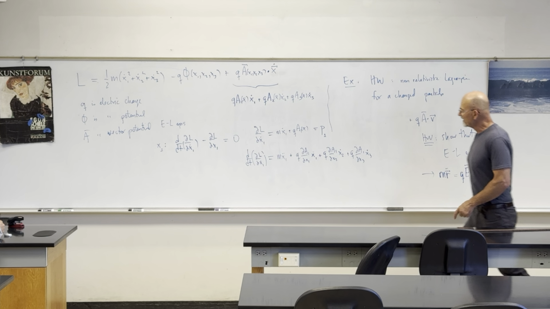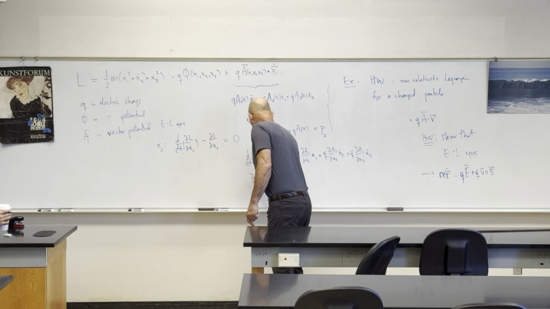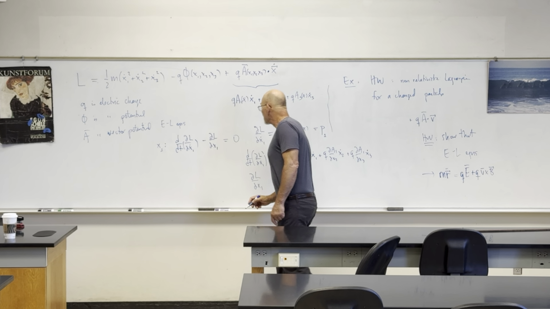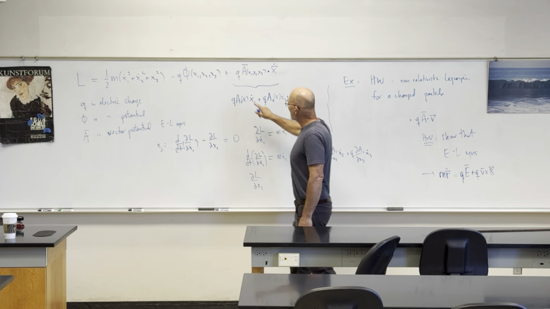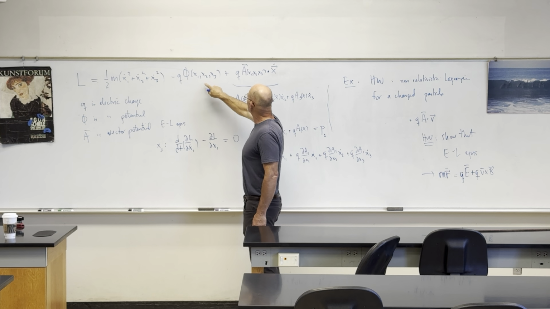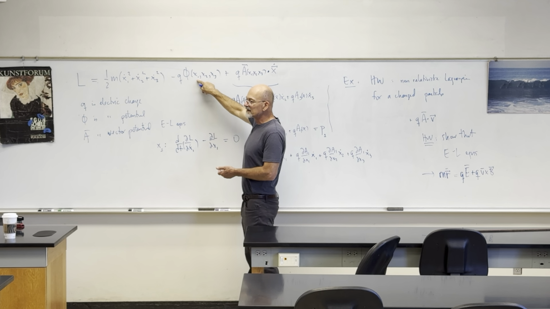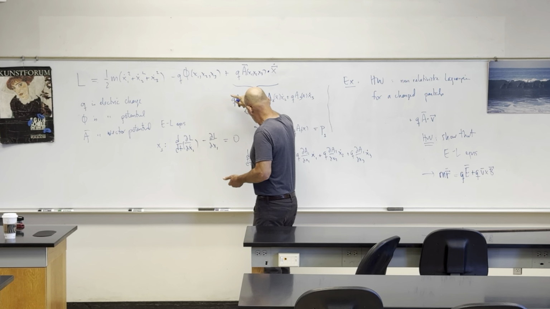So, and I'm not going to write it out, but your dL dx1, you go back up here, and what are you going to have? You're going to have minus q d phi dx1. Let's put an extra minus sign.